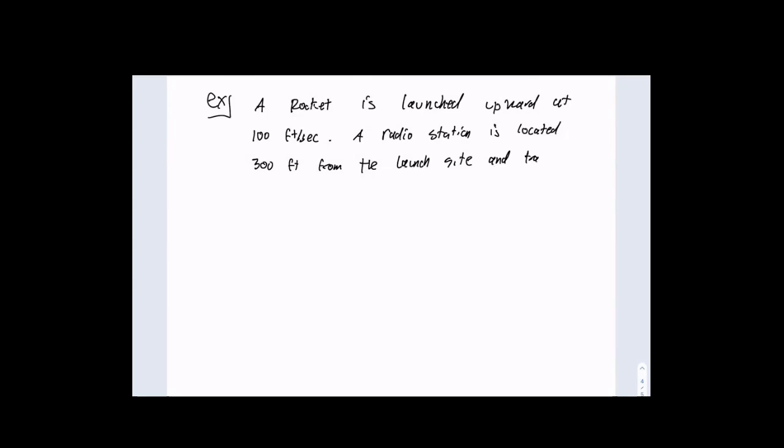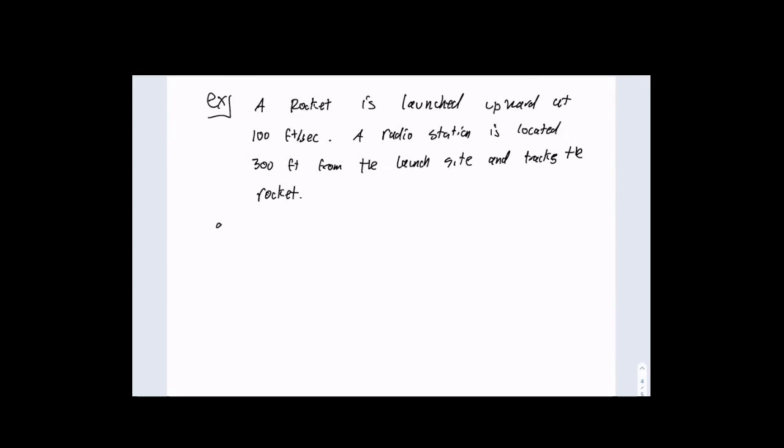And tracks the rocket. So you've seen this type of problem, we've done this type of problem in your homework, I believe it was, and I asked you for like a dy dt, dx dt. Okay, so let's do that type of problem first.